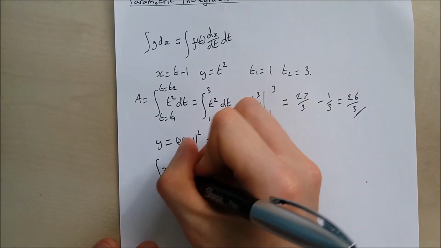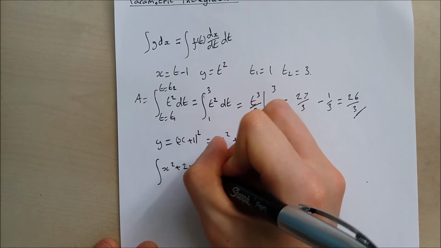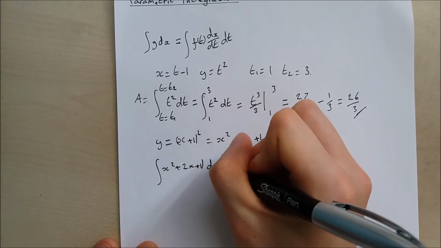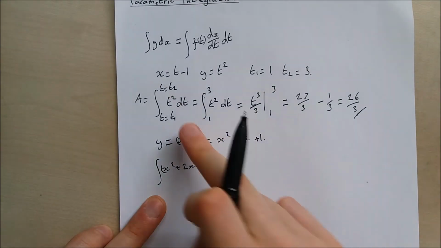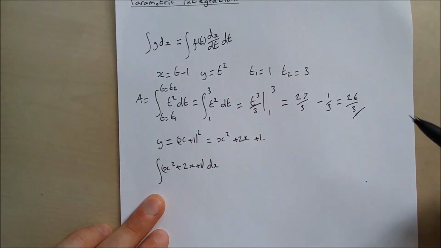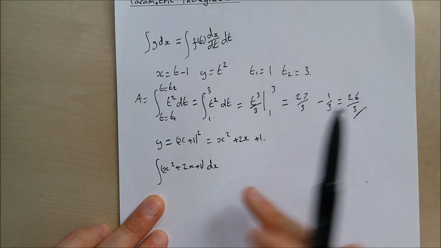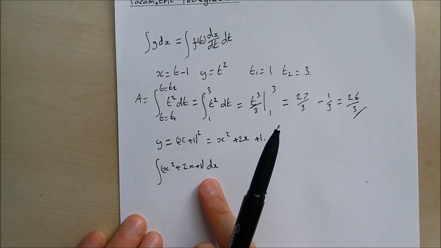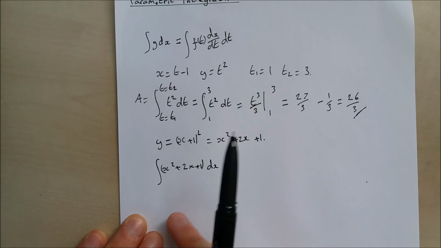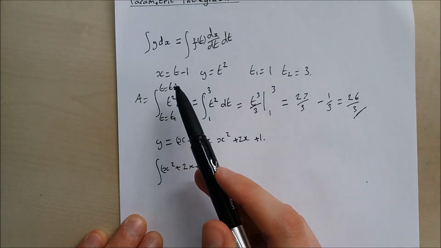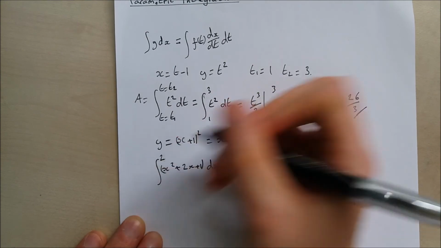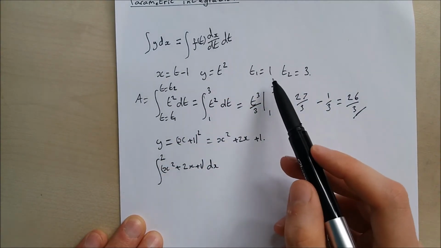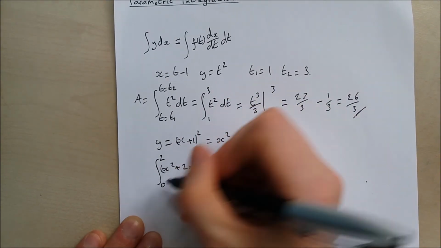Integral of this is, so for the limits, earlier we were integrating with respect to t, so we just had the t's as the limits. Here we're integrating with respect to x, and to get the x variables you do the t variables minus 1, so the top limit is going to be 3 take 1 giving 2, and the bottom limit 1 take 1 being 0.